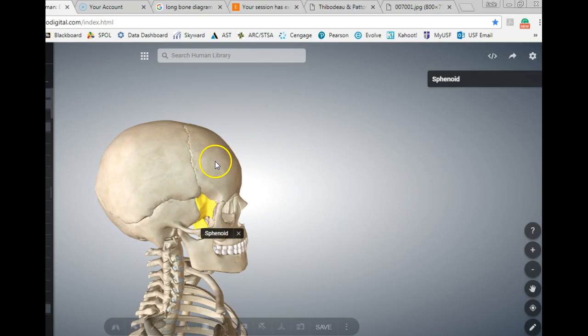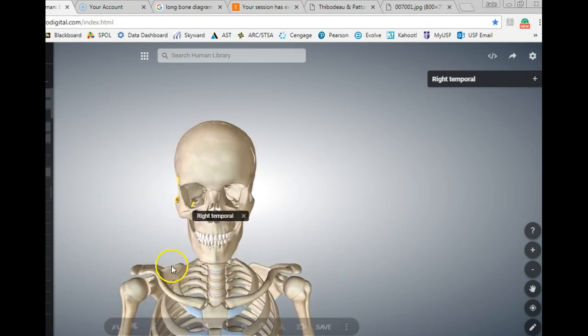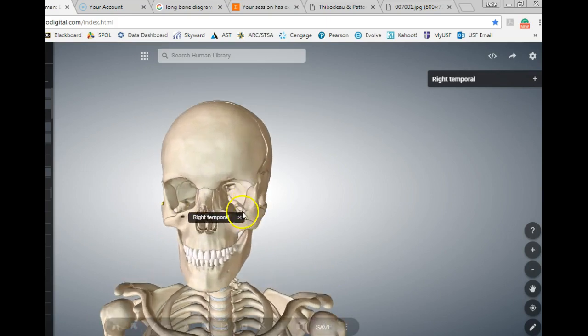So one sphenoid, one frontal, one occipital, and then a right parietal and a left parietal, and a right temporal and left temporal. We also have the lacrimal, so left and right lacrimal, and then the ethmoid bone, which is deep in there too.